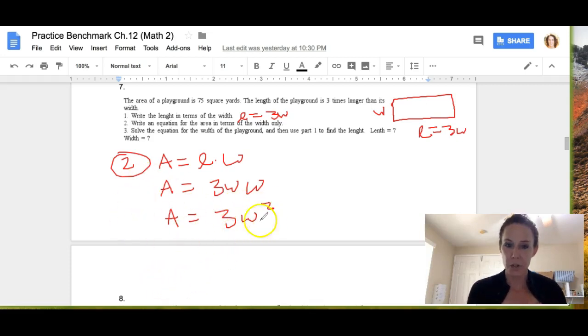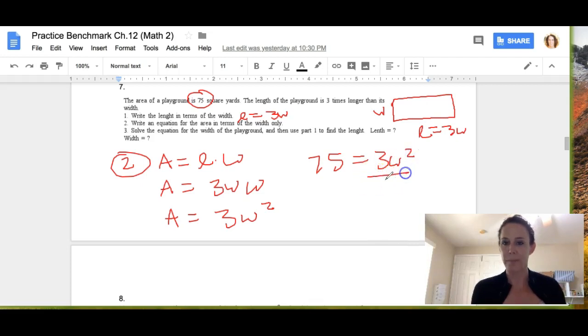Okay, here's your quadratic. Now part 3 says solve the equation for the width of the playground, and then use part 1 to find the length, because we know the length is 3 times the width. So let's solve this. We know the area of the playground, we're given it, it's 75. So my area is 75, and that equals 3 times w squared.